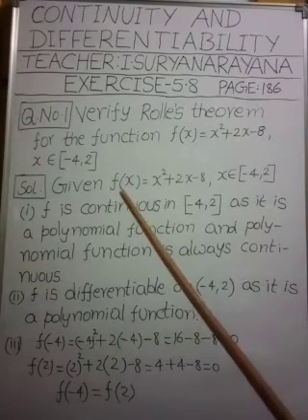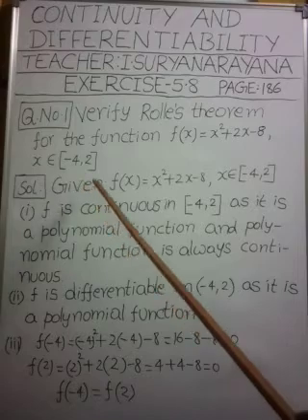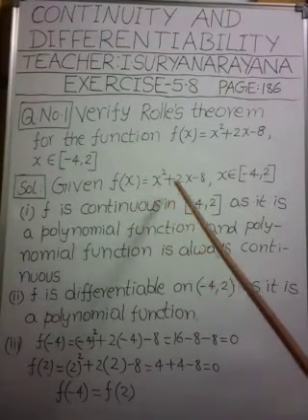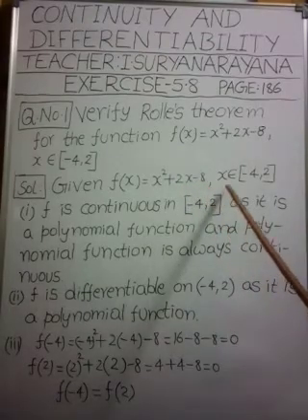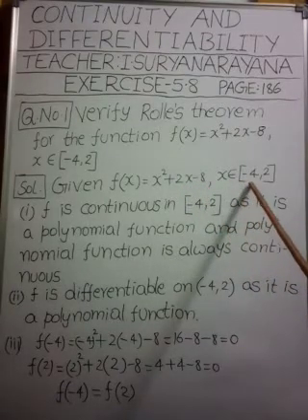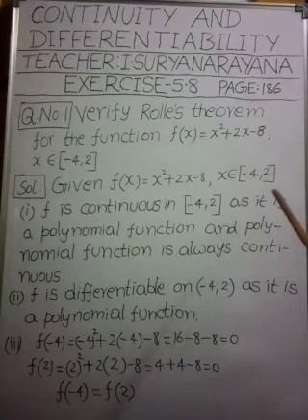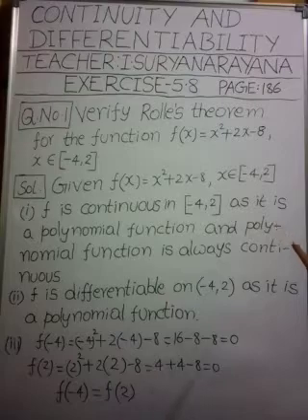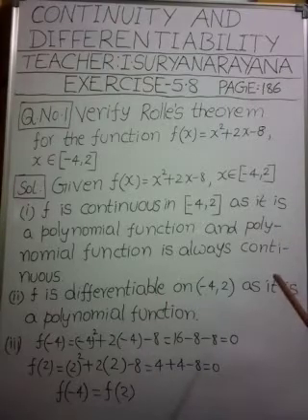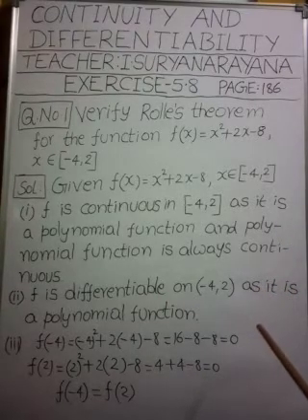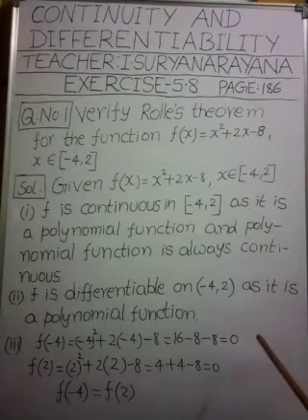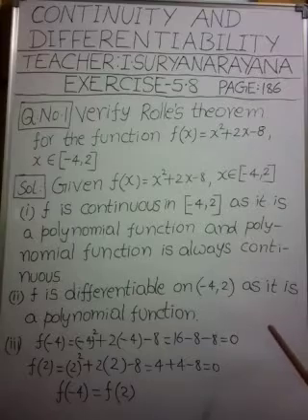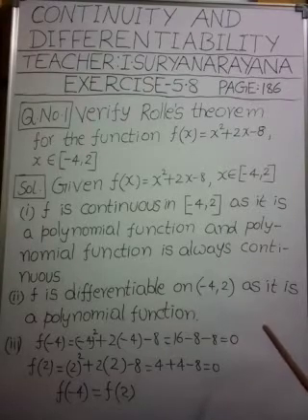Now come to the solution part. We write the given function: f(x) = x² + 2x − 8, x belongs to the closed interval [−4, 2]. To verify Rolle's theorem, first we have to check whether it satisfies the conditions of Rolle's theorem. Previously I told you there are 3 conditions to be satisfied.